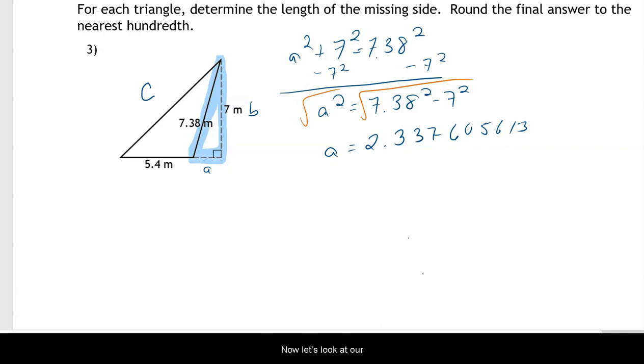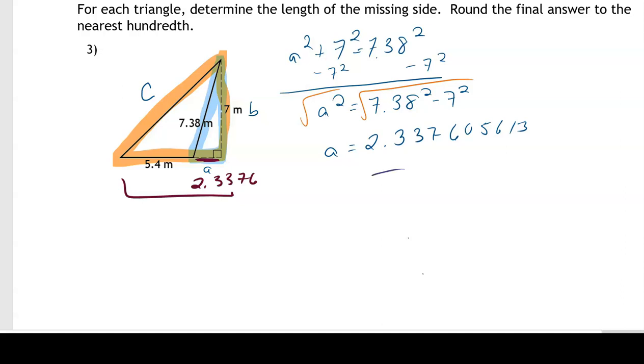So now let's look at our bigger triangle. So now I know this A value right here. That's going to be that 2.3376, and it keeps going. So to get that whole side, I need to add those two together. Okay, so looking at that larger right triangle, I still have a side of 7.